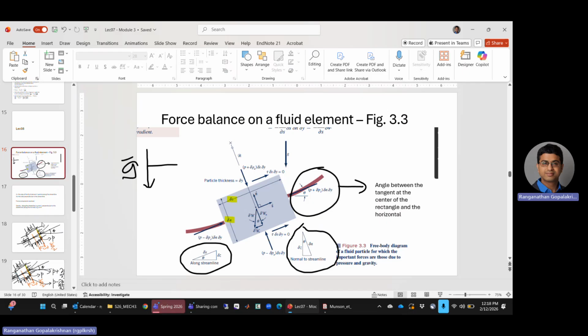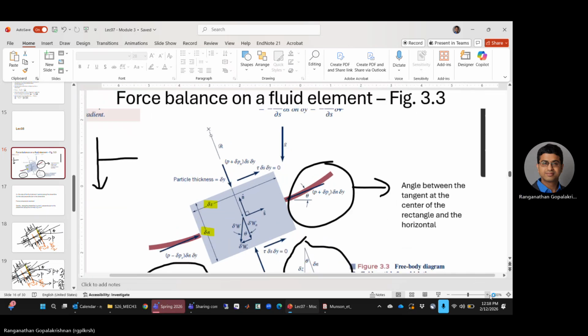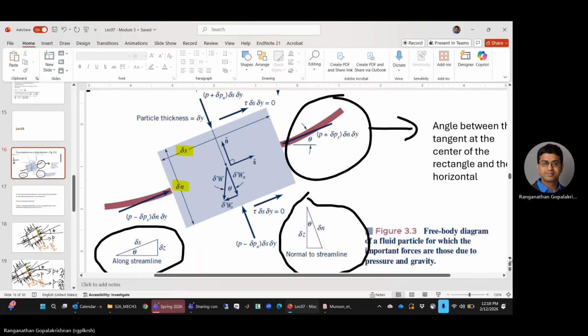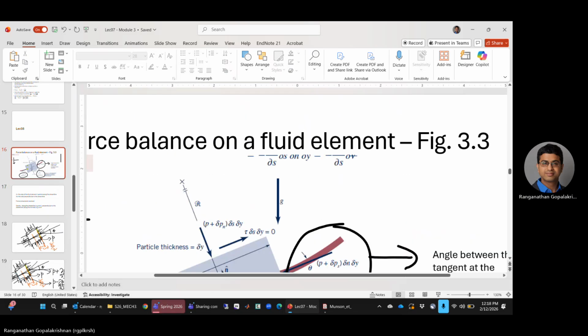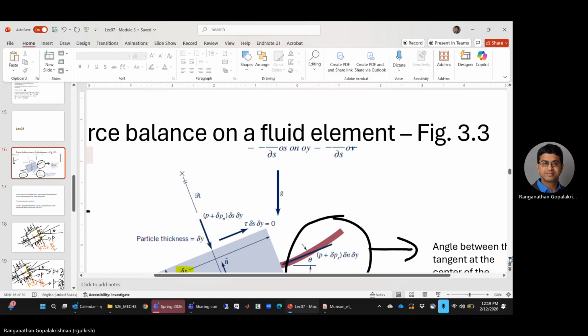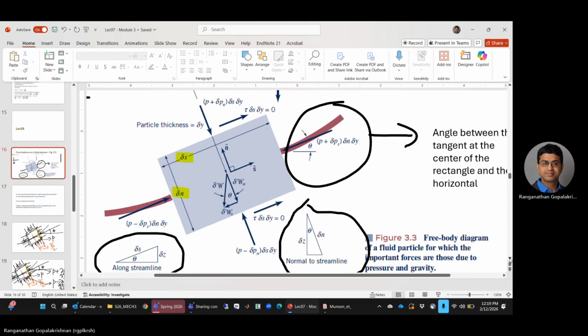Along the streamline, the relationship between height and distance along the streamline, which you can relate as sine theta equals delta Z divided by delta S. Yes, trigonometry, right?